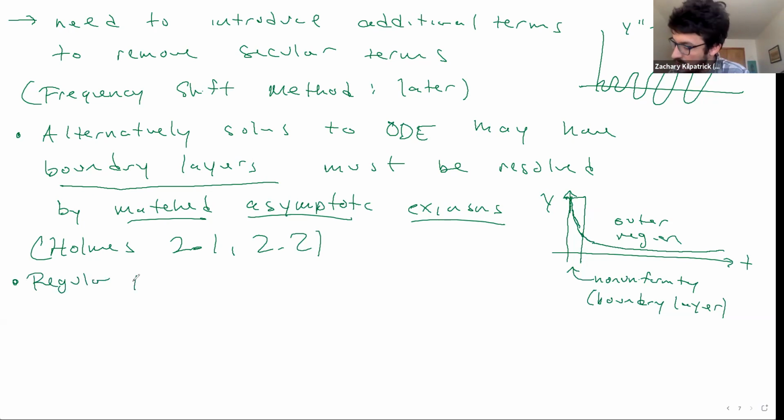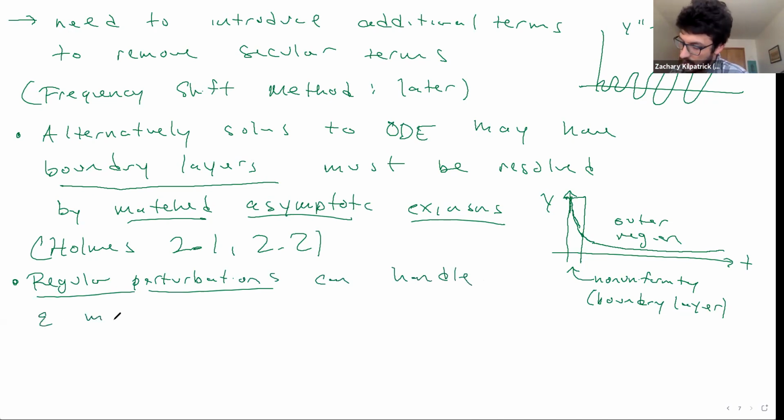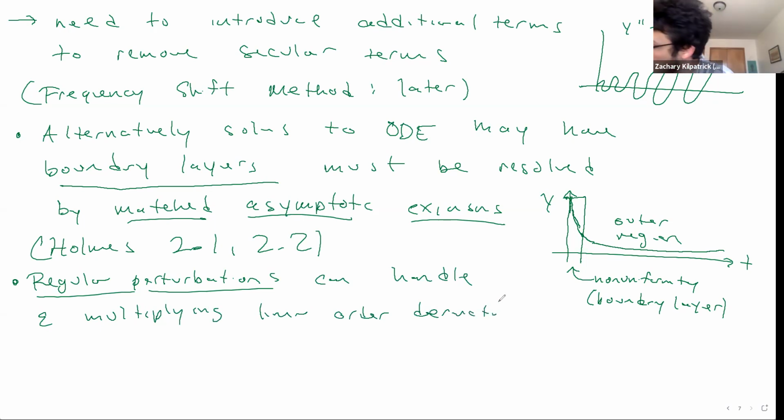So remember, there's these two sort of classes of perturbation expansions, right? Regular perturbations can handle epsilon multiplying lower order derivatives, okay?